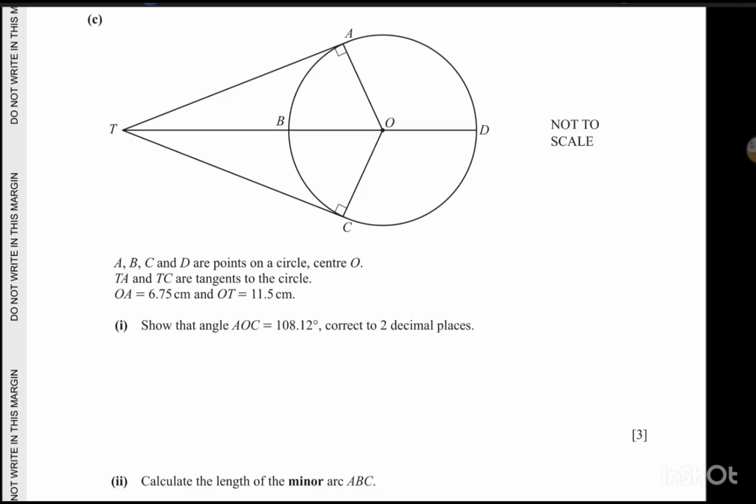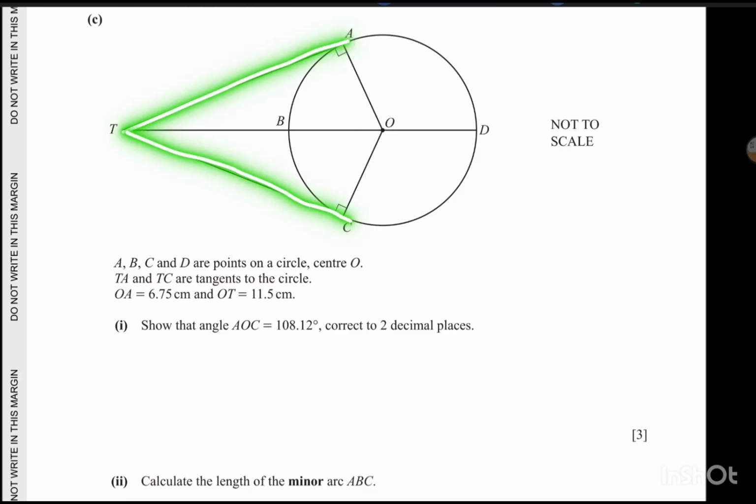Question A, B is done. Now question C. A, B, C, D are points on a circle with center O, and TA and TC are tangents to the circle.